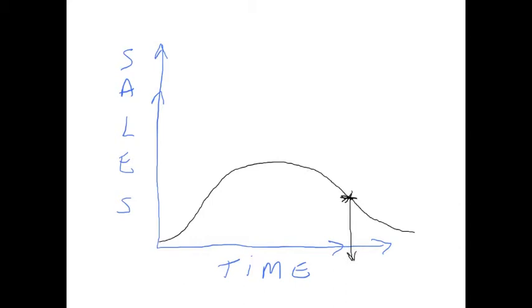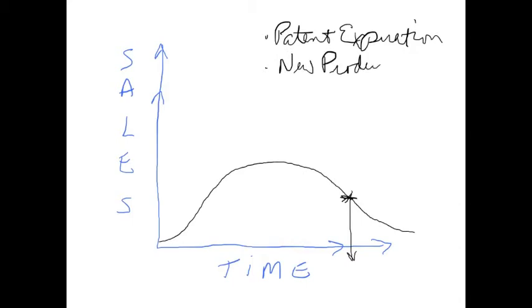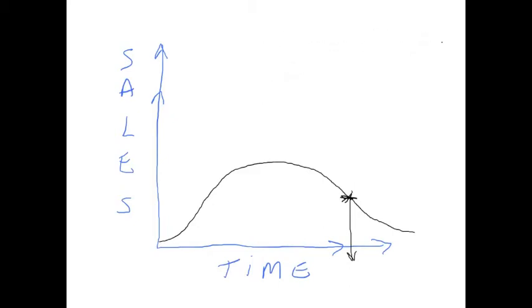That precipitous decline is usually a result of patent expiration, or it could be new products in the pipeline that are going to be introduced and supplant the current brand. But it really doesn't matter. The fact of the matter is that there is a difference to the curve, but for purposes of explaining the difference between repositioning and prositioning, it shouldn't matter to you.